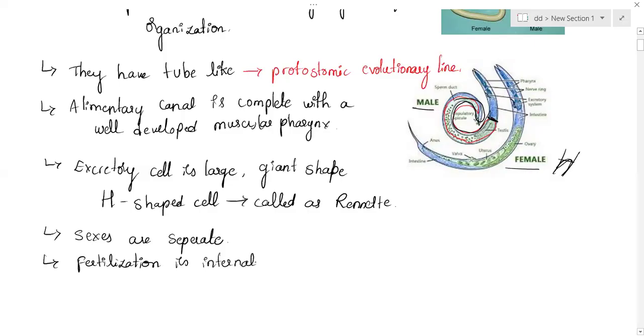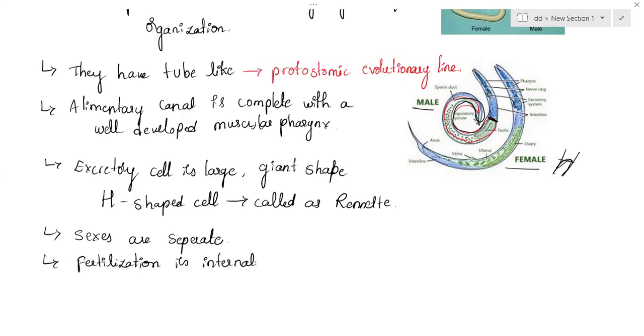What do internal and external fertilization mean? Inside, the interaction between the egg and the sperm happens inside the female reproductive tract; that is called internal fertilization. Outside, especially in the case of fish, the egg and sperm are released in the water current.